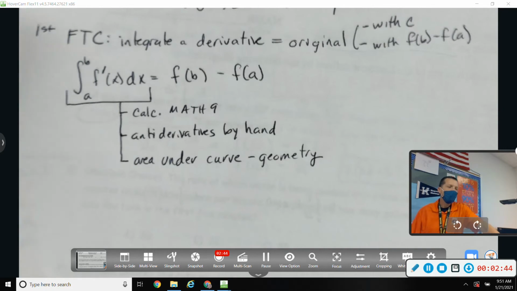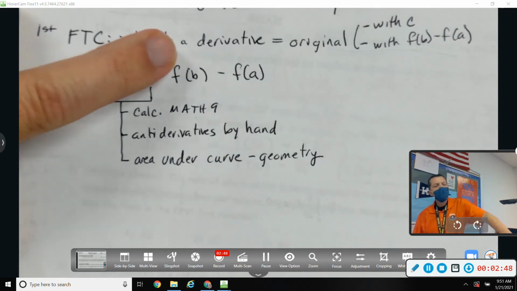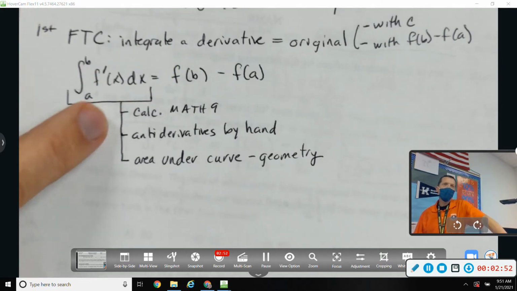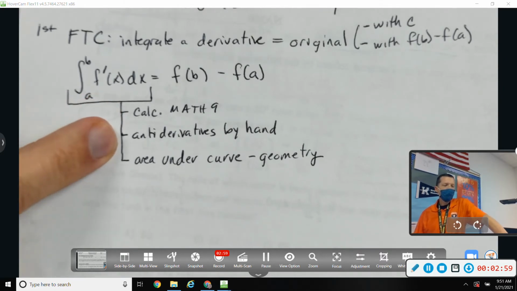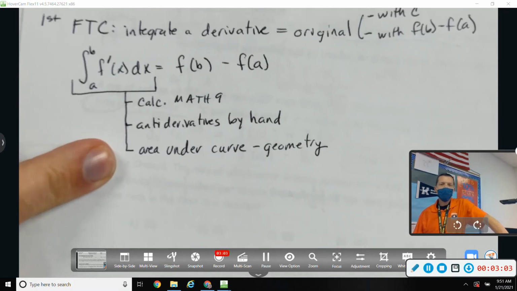So first fundamental theorem, integral of the derivative gives us the original. But there's a couple different ways to do that depending on the problem. If it's crazy hard, we'll give you a calculator. If it's power rule stuff, we'll have you do it by hand. Or we can just give you a picture and you can find the areas under the curve.